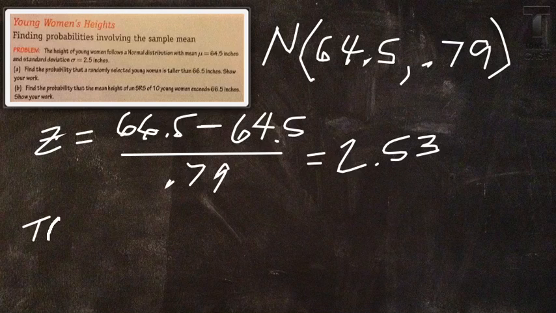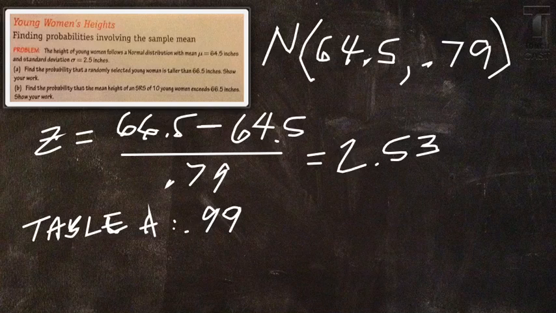When you go to look that up in Table A, again, Table A is giving you less than. Table A gives you 0.9943 is the probability that the mean of these 10 girls would be less than that.